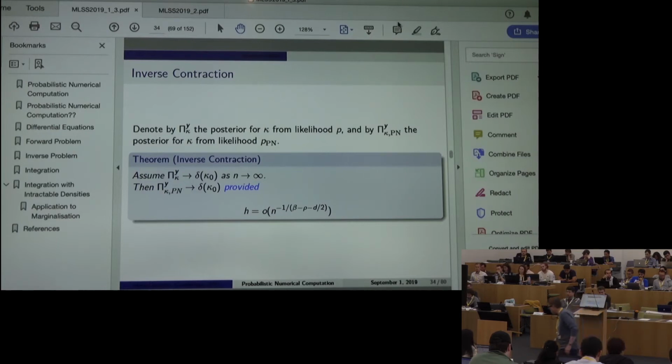Now, what's important is that this is indeed something that is going to be statistically consistent.